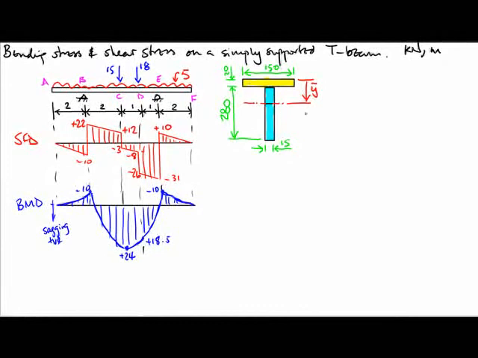So the second moment of area for this T beam, which we will presume to be made out of two blocks of material. Firstly we have the flange and then we have the web, and they have their individual dimensions as shown here.